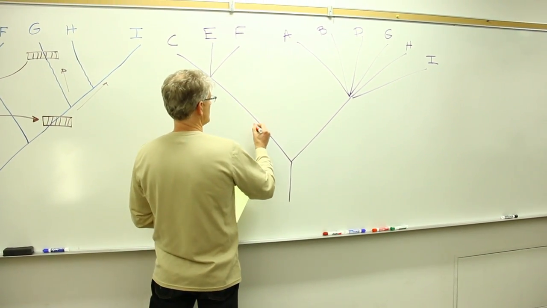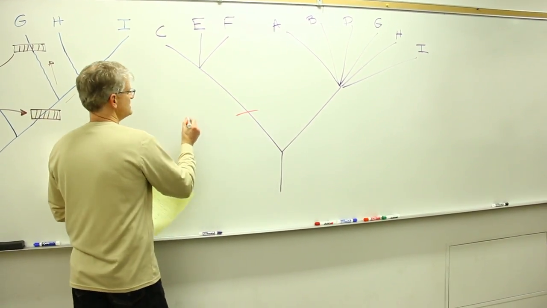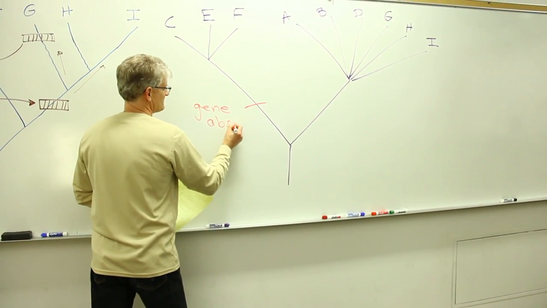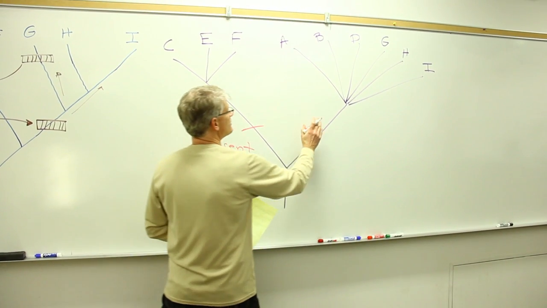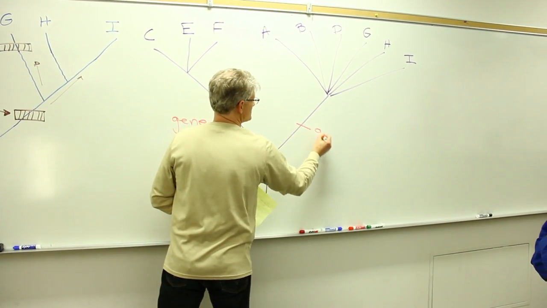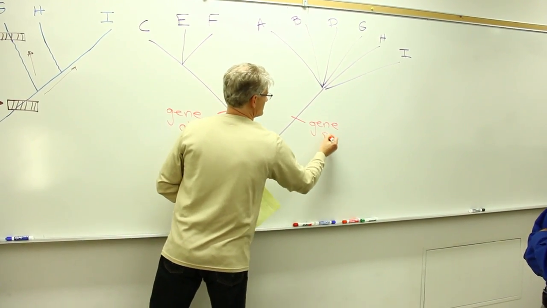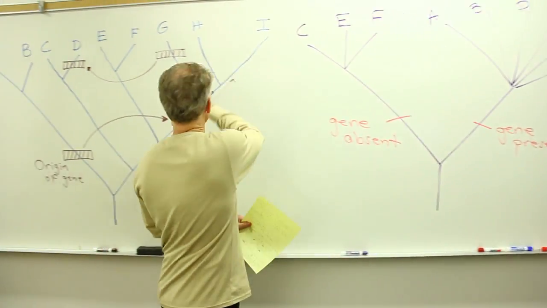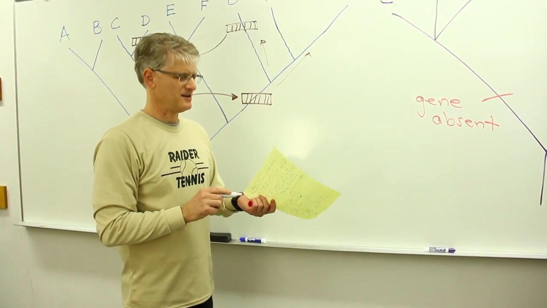So here was gene absent, and over here all of these were gene present. This unique gene, this unique brown gene right here.